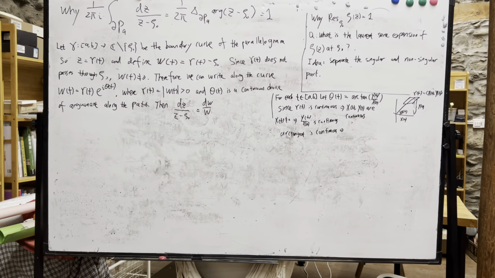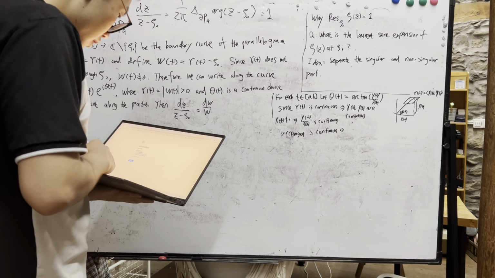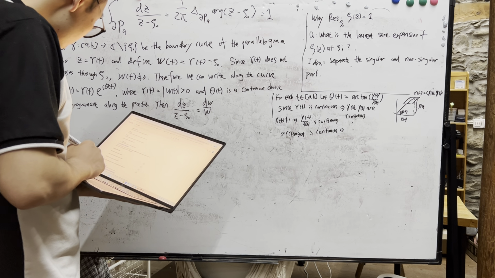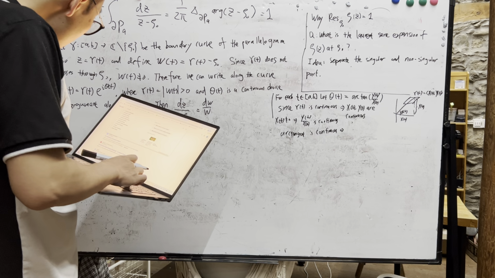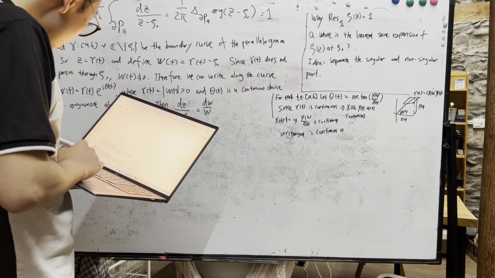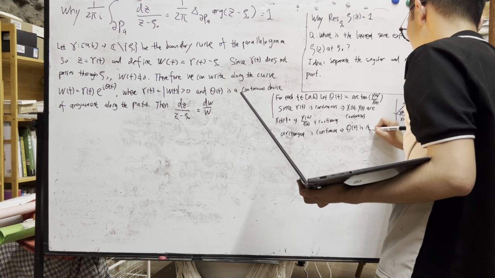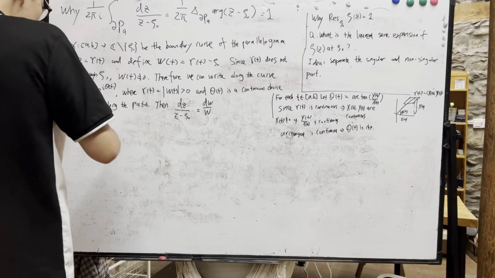Let me make sure. Okay, arctangent is continuous implies that this theta t is continuous.